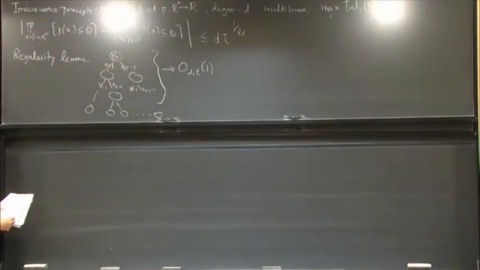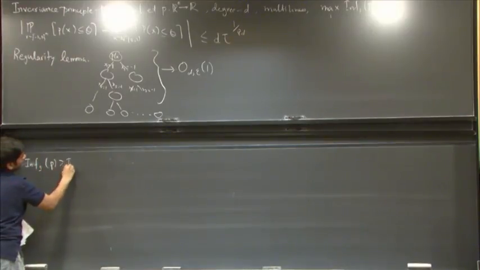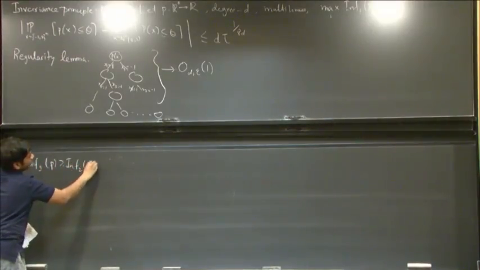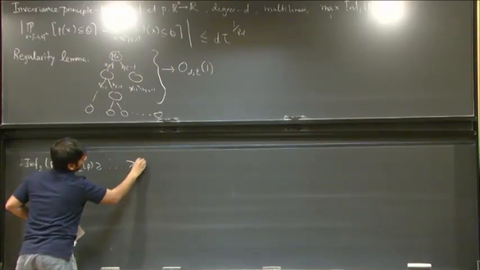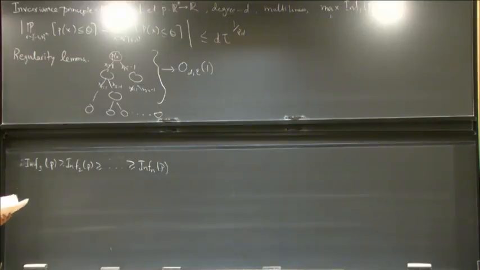Assume the variables are arranged in such a way that the influence of the first variable is greater than the influence of the second variable, and so on. So the variables have been renamed so that the influences are in decreasing order.